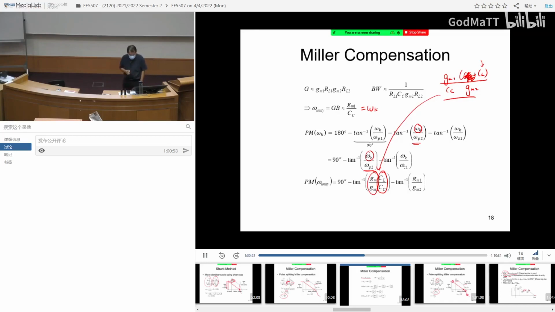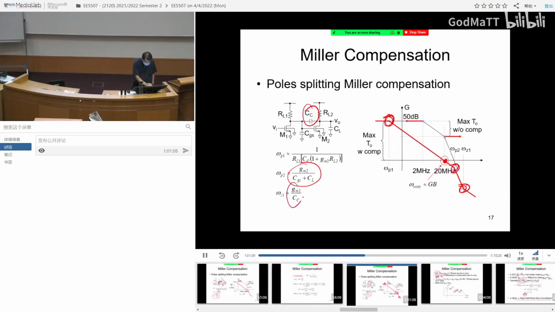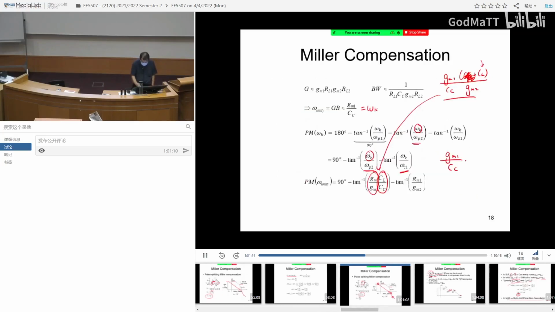Okay. Now the final one, due to the right half plane zero, omega k again, gm1 over Cc. Now the zero frequency is given by gm2 over Cc. So multiply by Cc over gm2. So Cc and Cc cancel. You actually have the ratio of gm1 over gm2. So now it actually gives you a design equation.